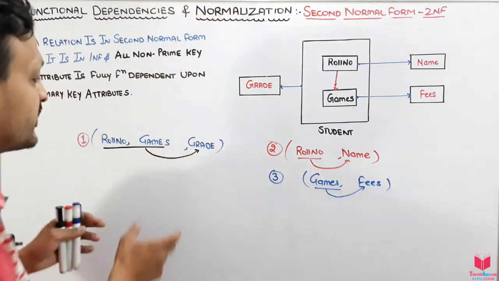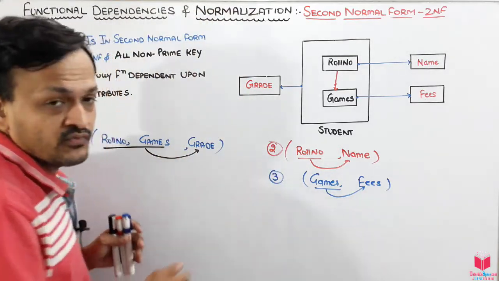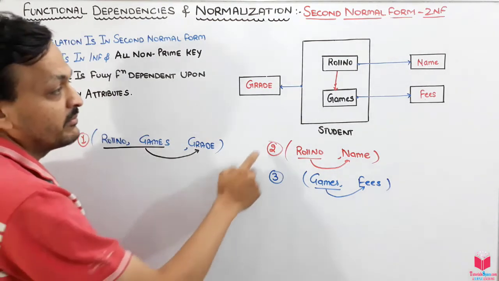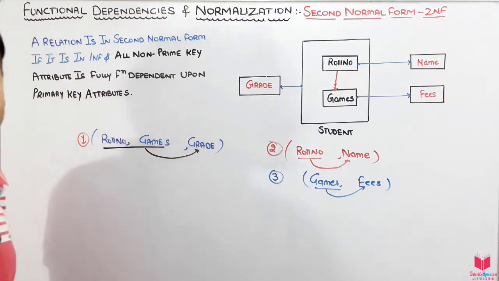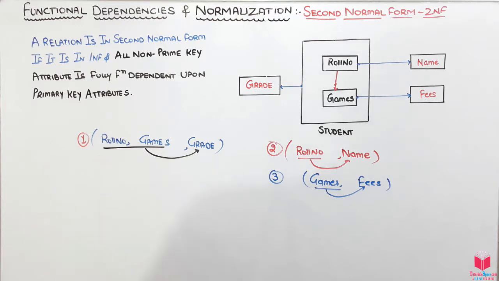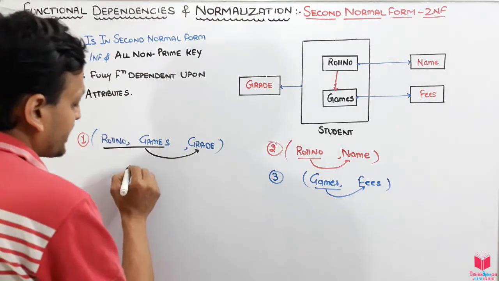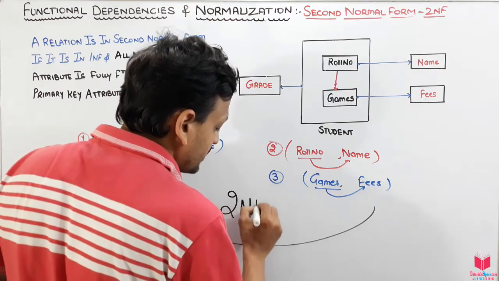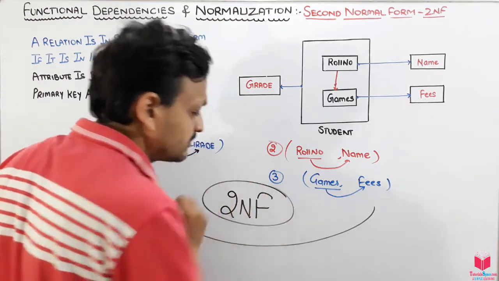If we want something, we can use these tables to find many values from their attributes. So we have to join these tables. Okay guys, so these are the three tables we made from this table, that is, we have decomposed or divided this relation into three relations. Now we can say that all are in the second normal form.